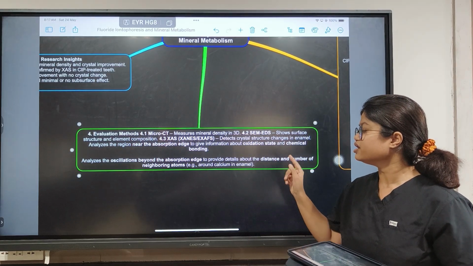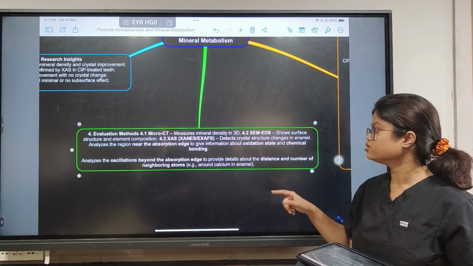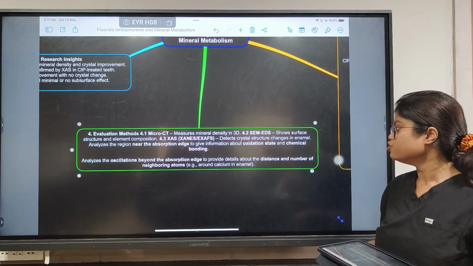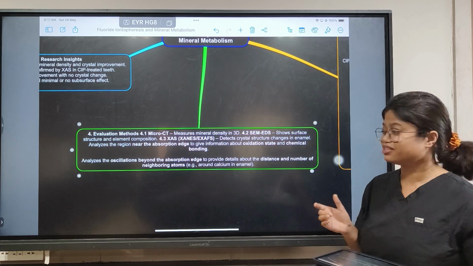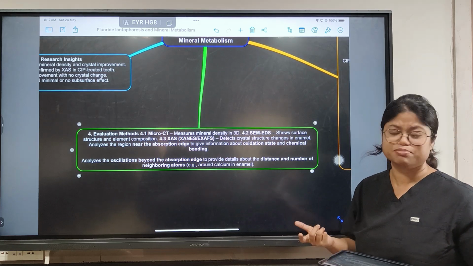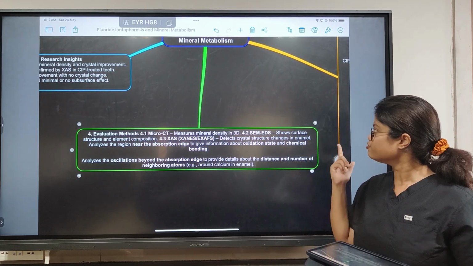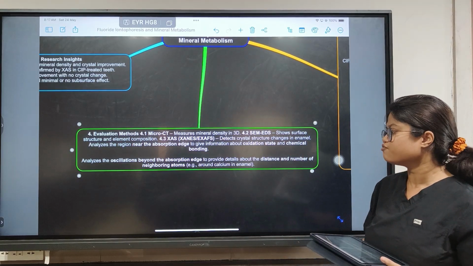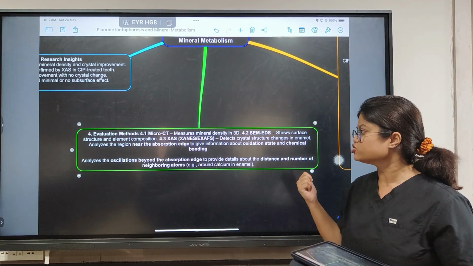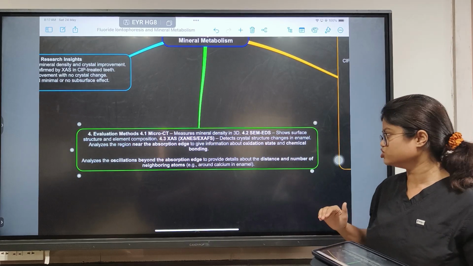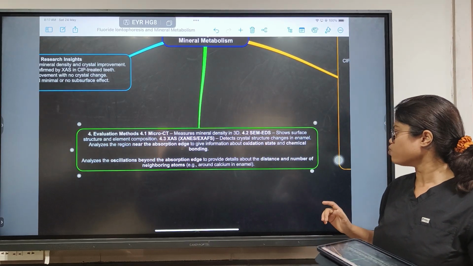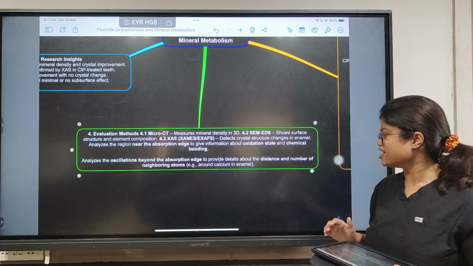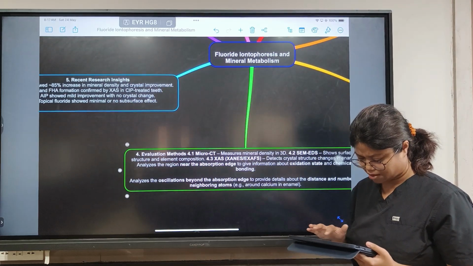The XANES, which will analyze the first one will analyze the oscillations beyond the absorption edge to provide details about the distance and the number of neighboring atoms that are being displaced by the fluoride iontophoresis. And the second one, EXAFS, will analyze the oscillations beyond the absorption edge limit, and also it will provide the distance and the number of the neighboring atoms, specifically the calcium and the phosphorus in the enamel.